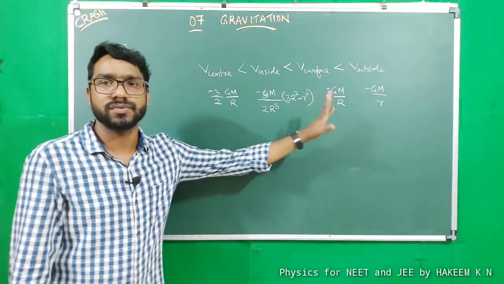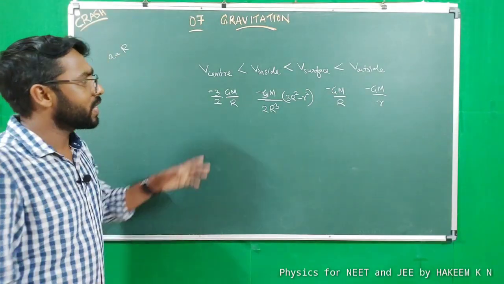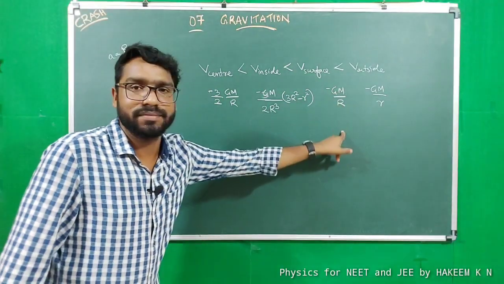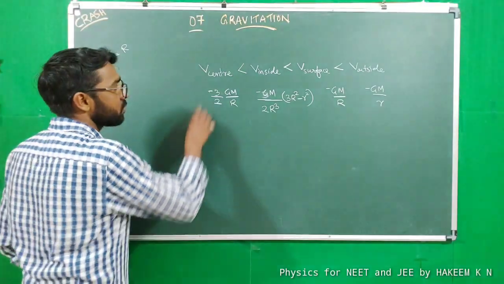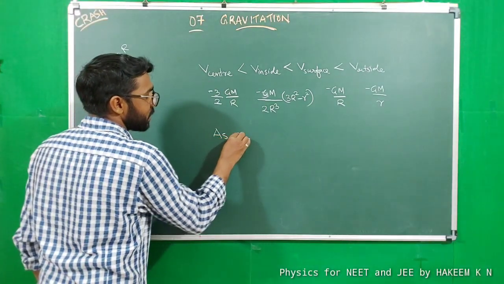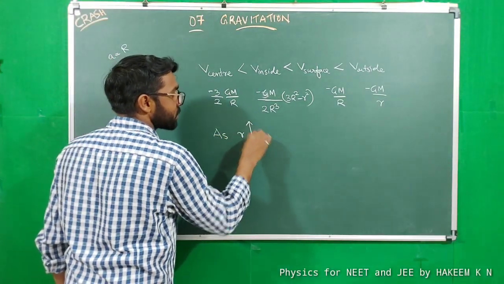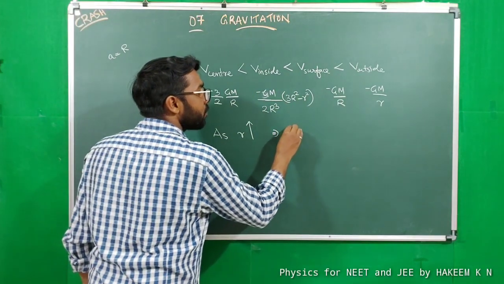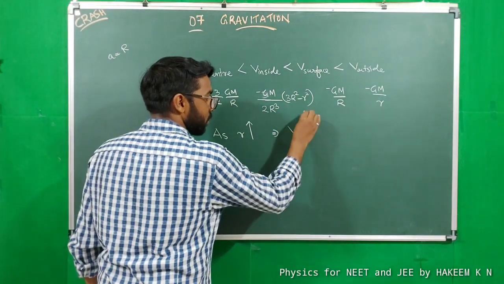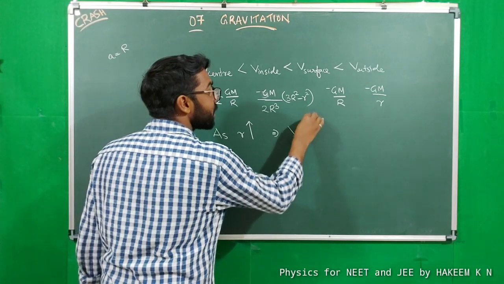These are the equations we studied. So you can see there is a negative sign. That's why I am telling you, as distance increases from the center, gravitational potential increases.